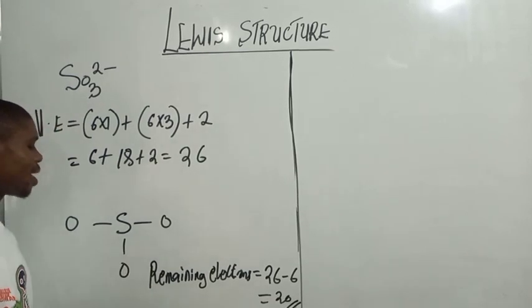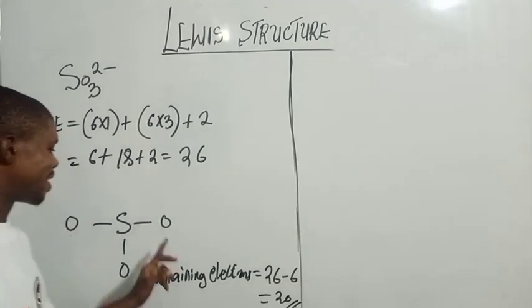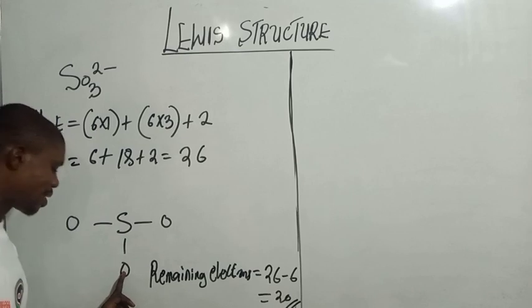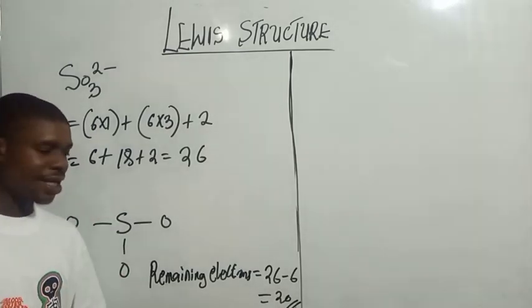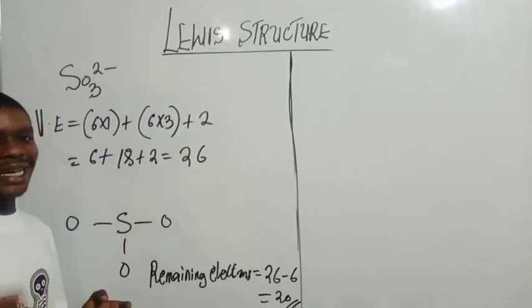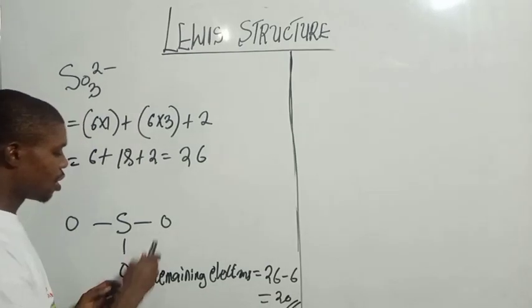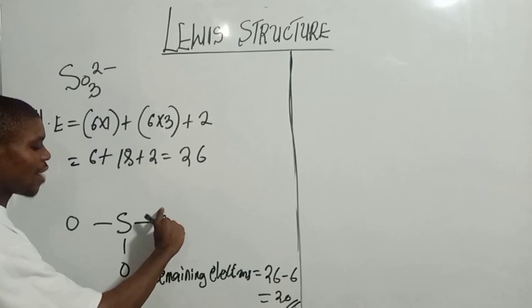So remember, all the atoms must have octets. There's no hydrogen, so all the atoms must have octets. This oxygen must have an octet, this one must have an octet, this one must have an octet, and sulfur must have an octet. Do you understand? For us to have an octet, remember, each oxygen is already having a single bond. A single bond equals 2 electrons. So each oxygen is already having 2 electrons, so each one must have 6 more electrons.